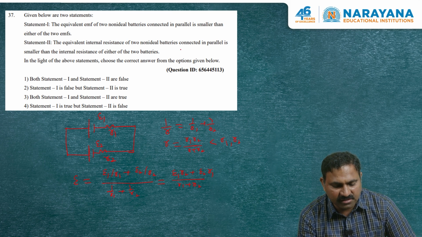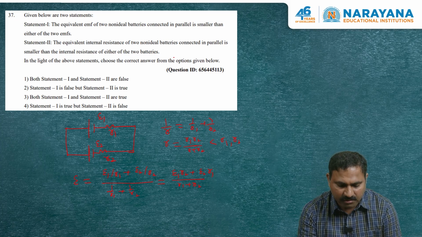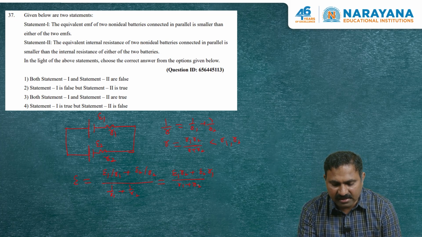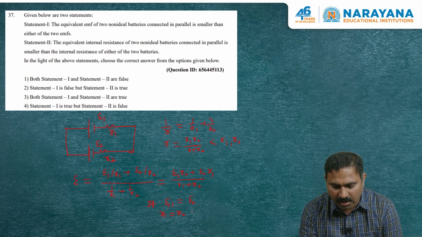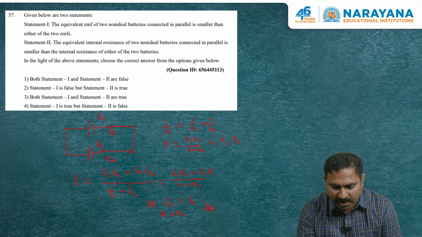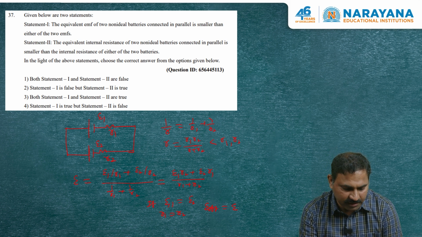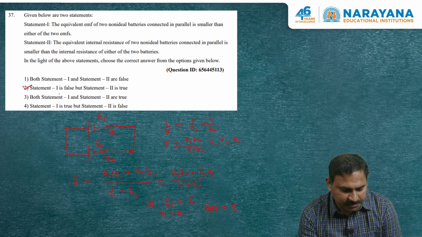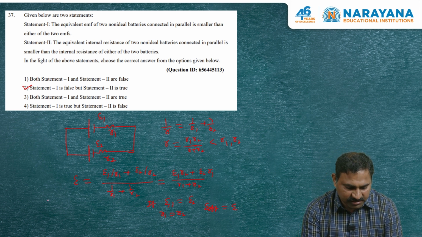But the first statement, that the effective EMF is smaller, is not necessarily true. Suppose I take E1 equal to E2 and R1 equal to R2, then the effective EMF also comes out to be E. So the first statement is wrong and the second statement is correct. So it is the second option: statement 1 is false, statement 2 is true. Let us go to the next question.